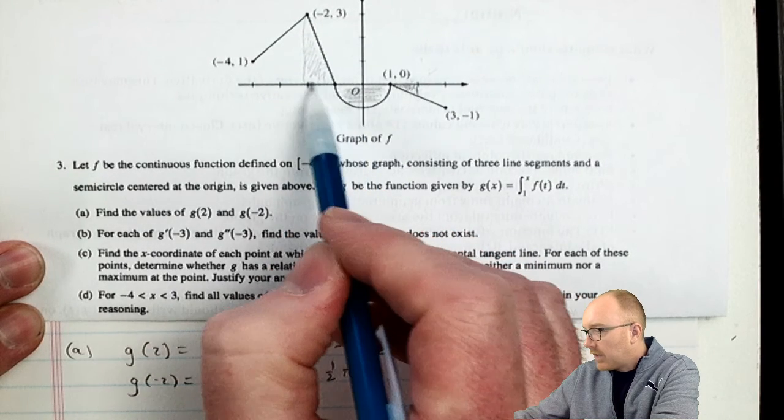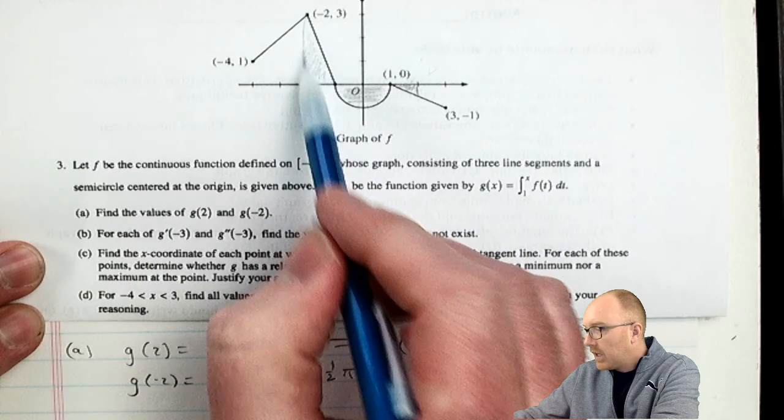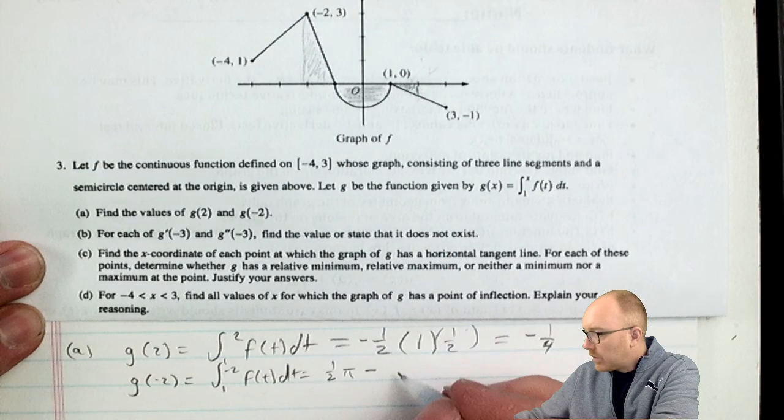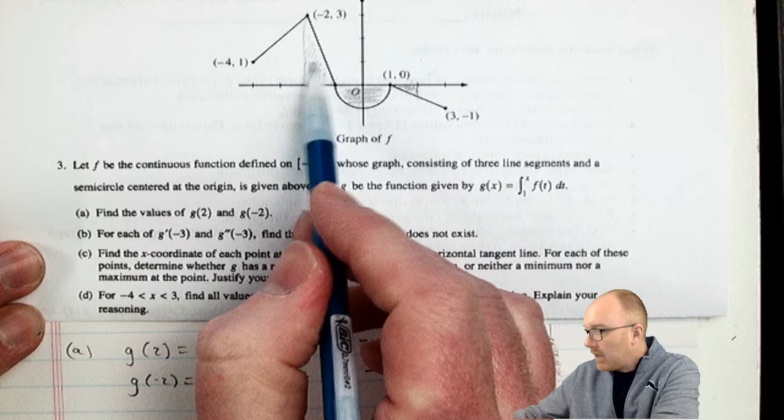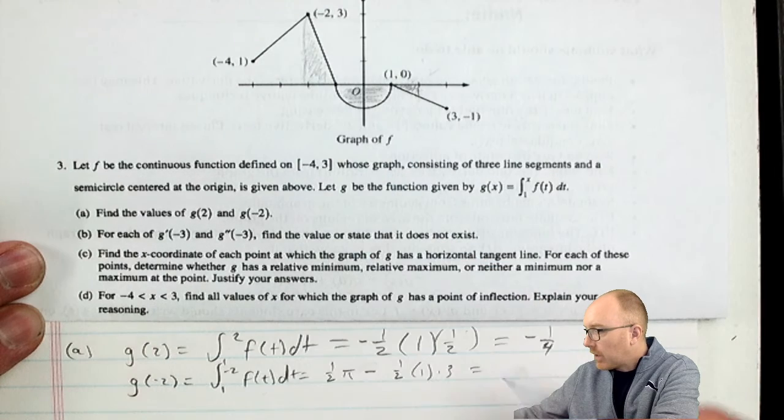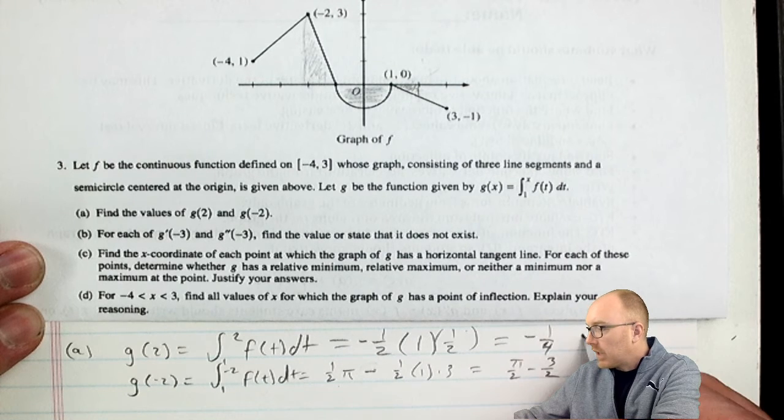And this is going to have a base of 1, a height of 3. So we do 1/2, 1 times 3. And I put minus here because this is going to be a negative integral because we're integrating backwards. So pi halves minus 3 halves would be a good answer. Check, check.